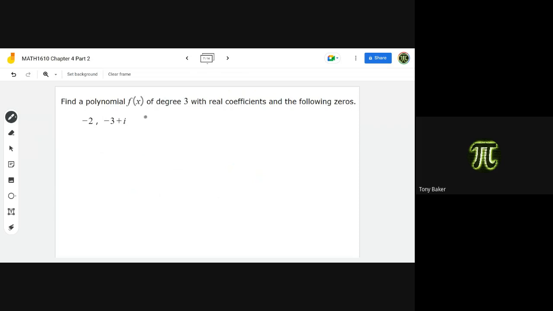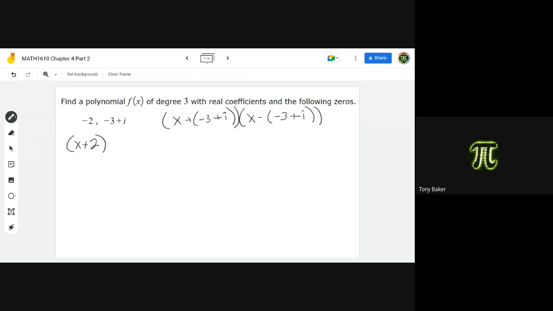All right, so the first one, the x plus 2, is simple. But let's deal with the other one. So I have x minus negative 3 plus I and x minus negative 3 plus I. Notice I put the negative 3 plus I in parentheses because it's going to be really easy to screw up your signs if you don't.